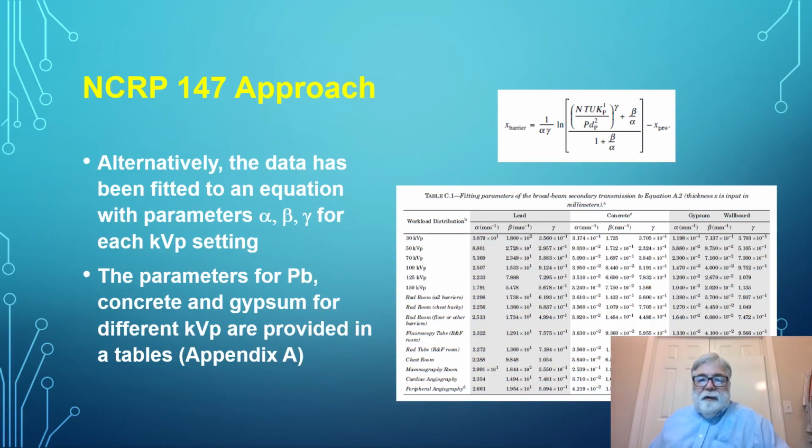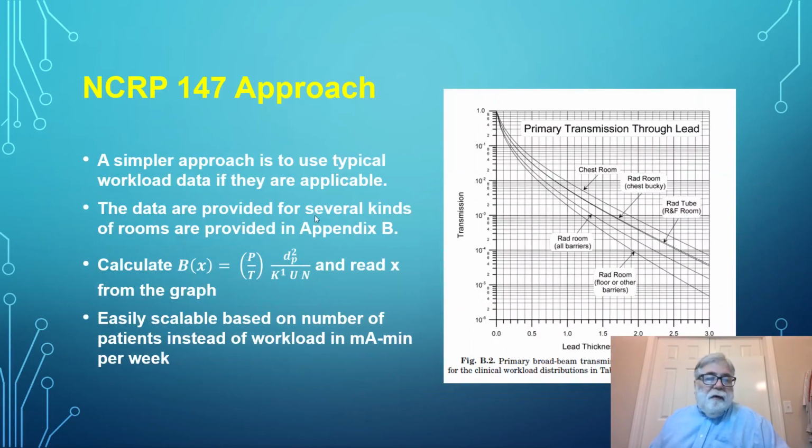The next way to do this is to use a graph, similar to what we had before. Now, this graph is different from the one we had in NCRP 49 because this is not a function of different voltages. These are different types of X-ray rooms.